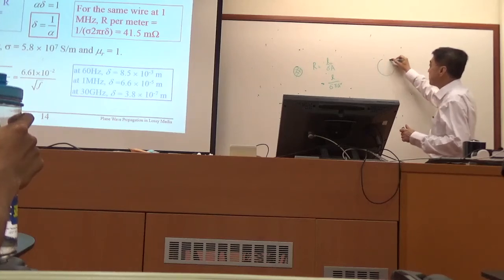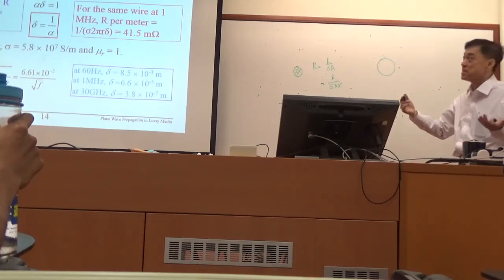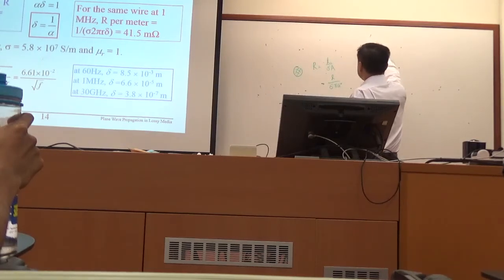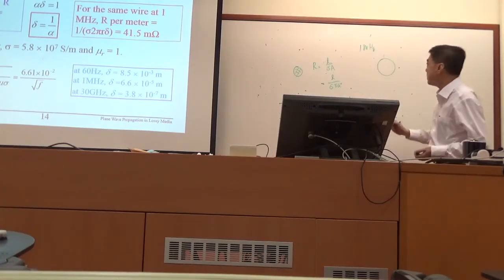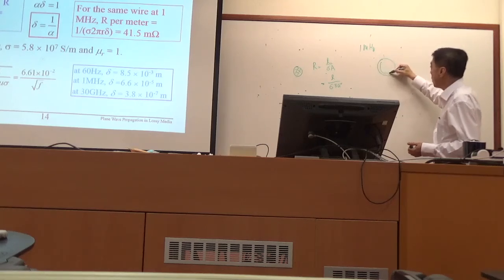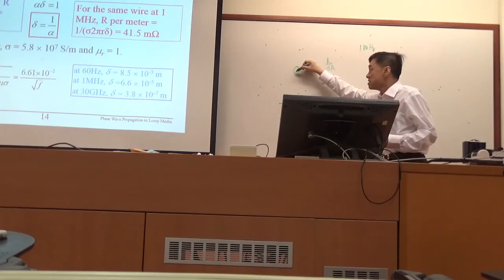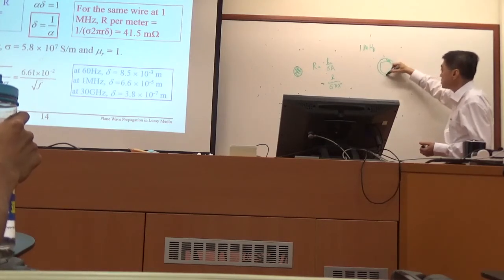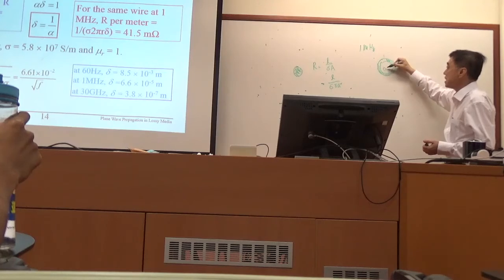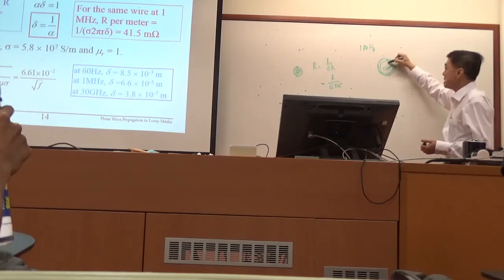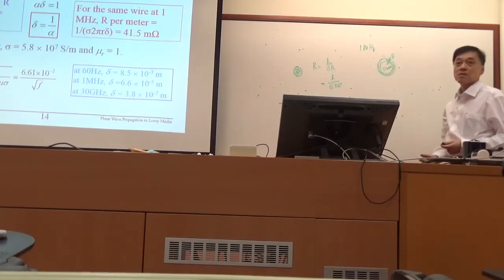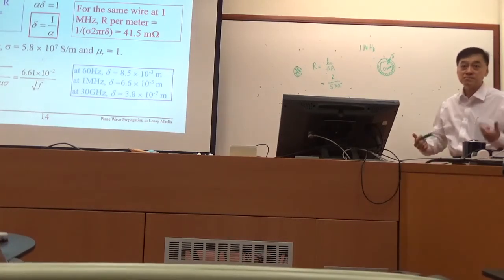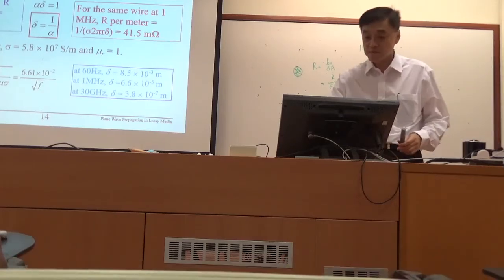Let's say at 1 megahertz, the current, instead of being distributed uniformly across the cross section, is only distributed in the outer region. There is zero current in the center, and this is my skin depth. The skin depth gets thinner and thinner as frequency goes up.